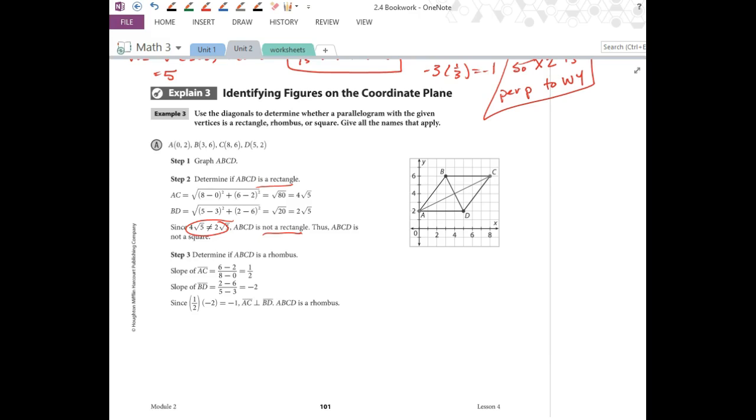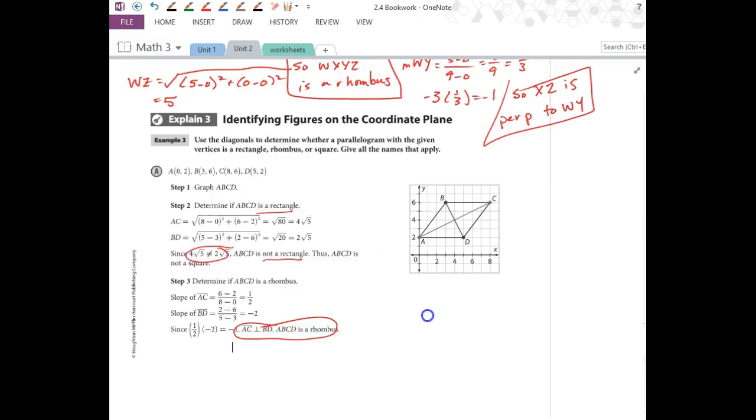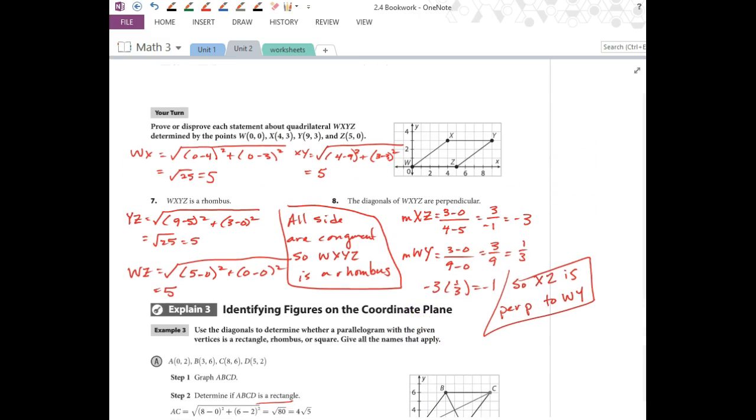So what do we know about the slopes of the diagonals of a rhombus? They're perpendicular. So if the slopes of the diagonals are perpendicular, then we can conclude that it is a rhombus. So that's another way to prove it is a rhombus. We could have theoretically gone back on question 7 and done it that way instead.